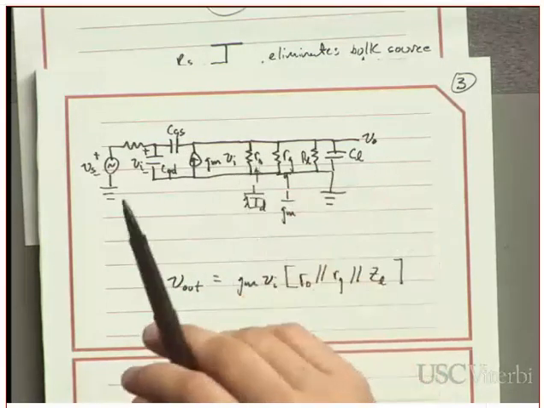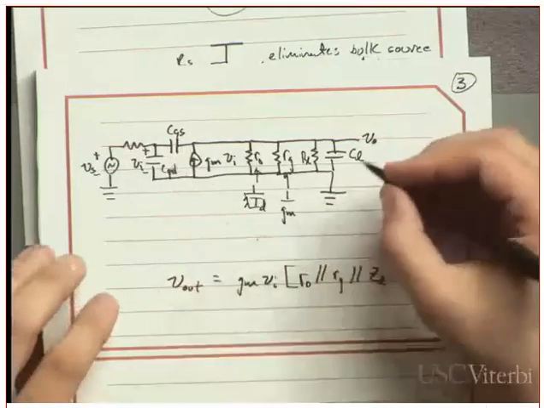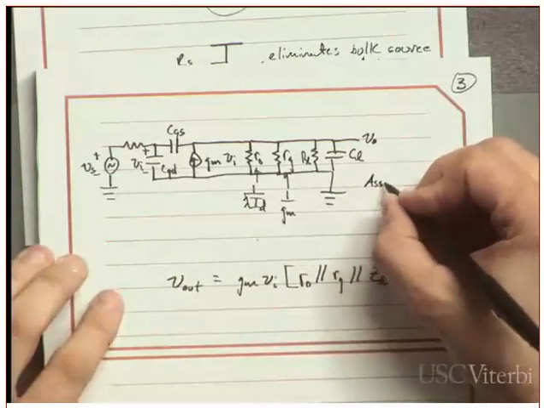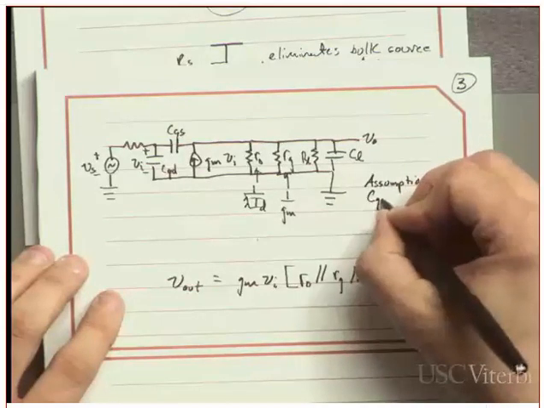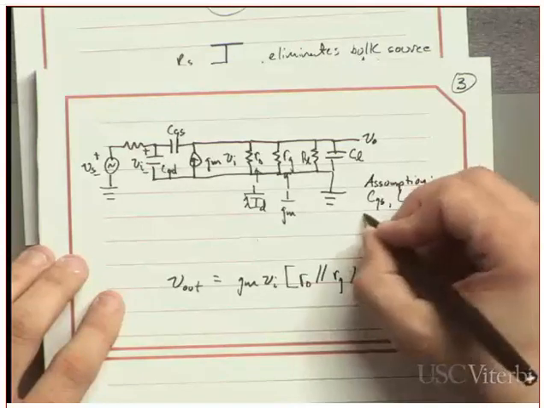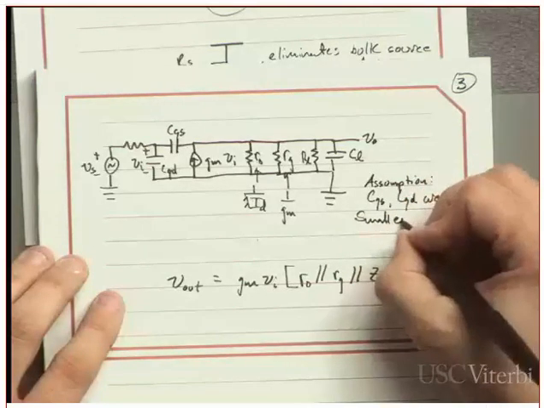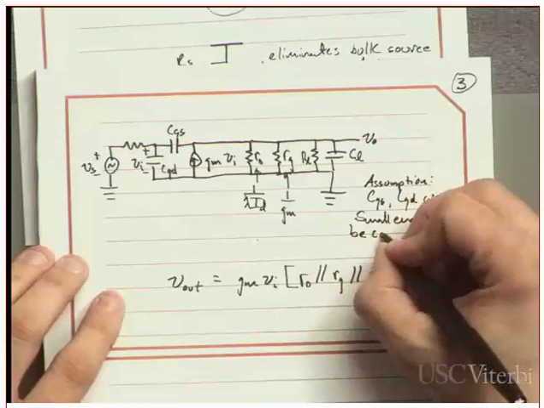Are you talking about this stuff over here? Yeah, okay. So maybe it is as bad as I remember it. CGS and CGD are small enough to be considered open.